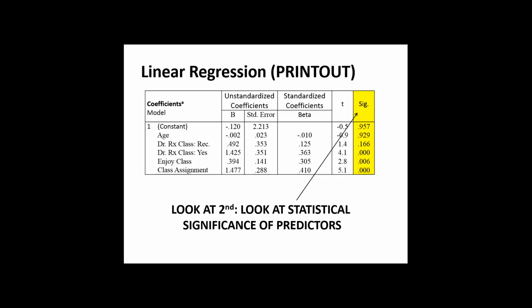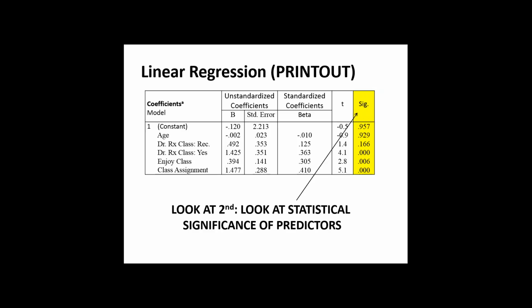At the bivariate level, you might think it's just as important as everything else, but at the multivariate level we see the variance is actually explained by the other variables. There's a certain amount of variance where age predicts attendance, but the other variables have explained that variance. Then next we see doctor prescribed, class recommended.